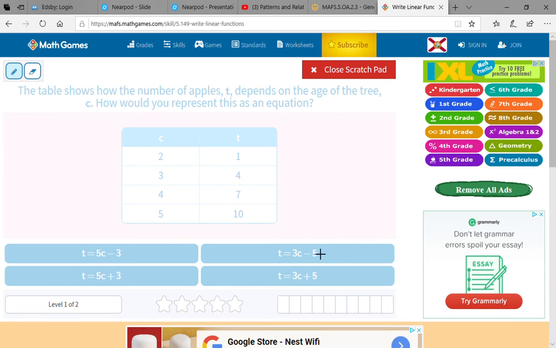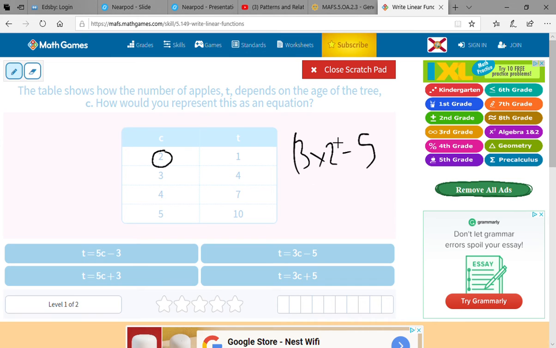Let's try this one over here. T equals 3C minus 5. So T equals 3 times, because it's next to that letter, 3 times 2. We're going to use the first number, minus 5.